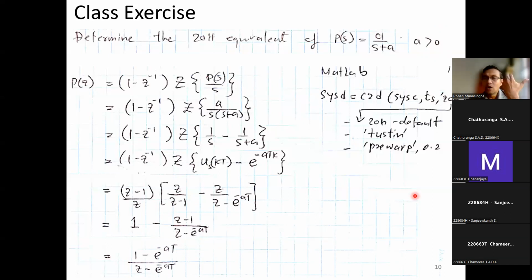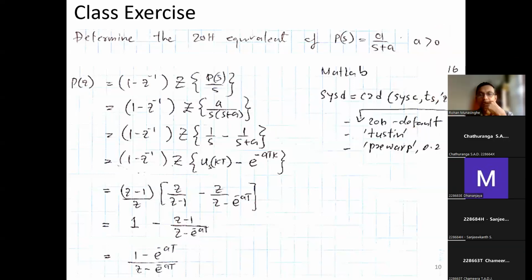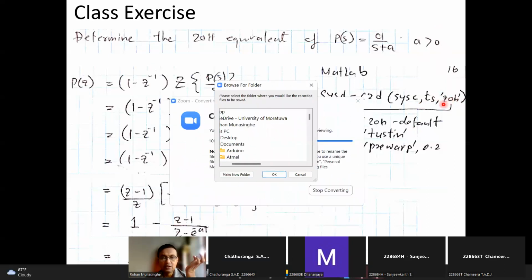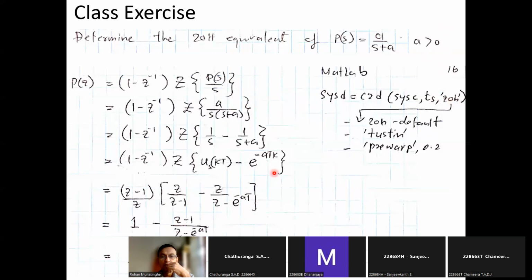Also there are advanced options here. When you do this conversion, we have studied the zero-order hold conversion. But if it is something different, for example Tustin, as I said, you don't need to stick to the zero-order hold always.